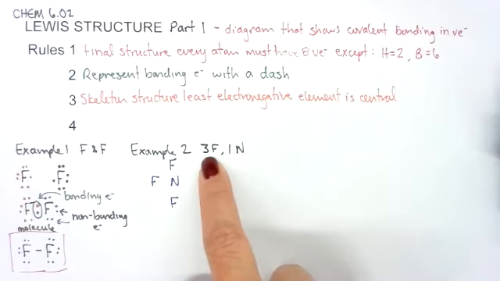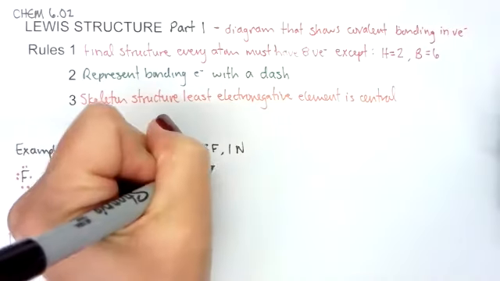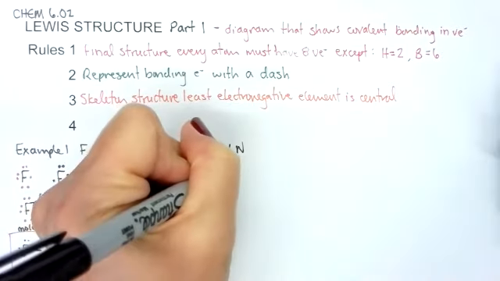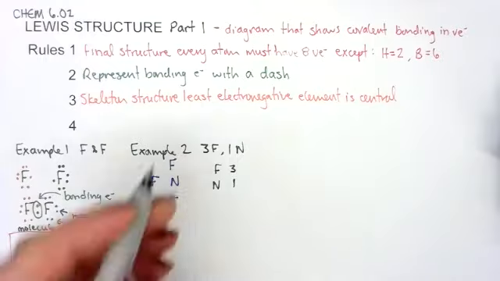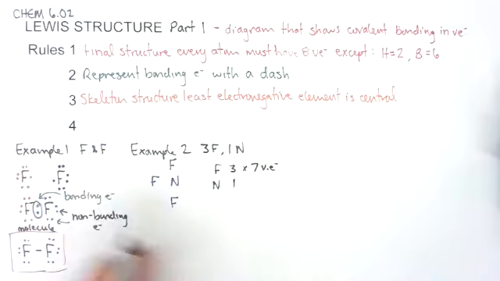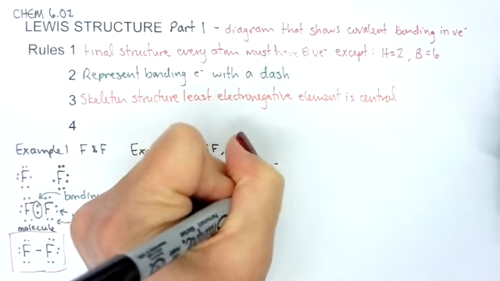So I have to make a little table and calculate my allowable valence electrons. I have fluorine and I have nitrogen. I have 3 of these fluorine and 1 of this nitrogen. Each fluorine comes in with 7 valence electrons, and nitrogen has 5 valence electrons.